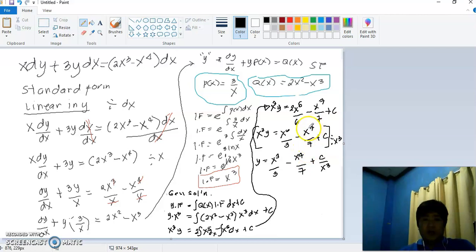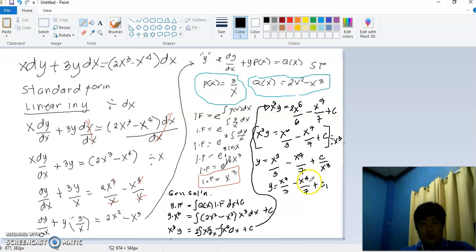Because x raised to the power of 7 divided by x cubed is x raised to the power of 4. So now our general solution is x cubed over 3 minus x raised to the power of 4 over 7 plus c sub 1.